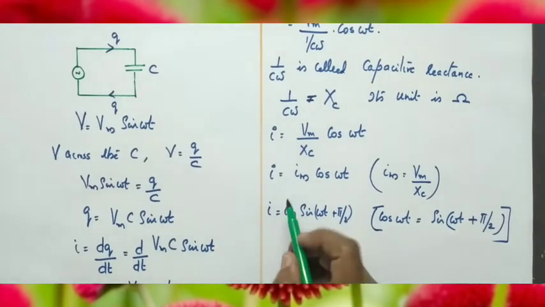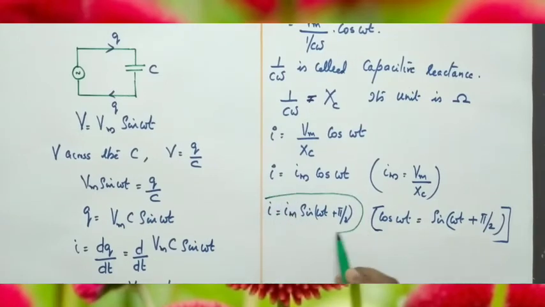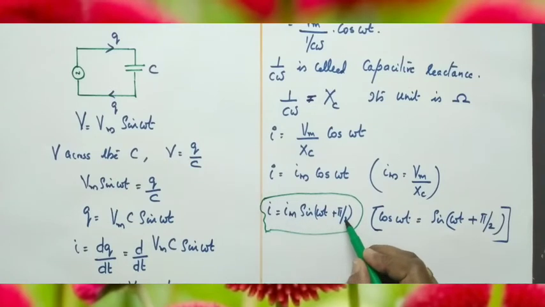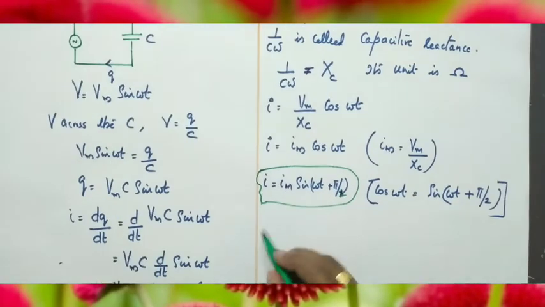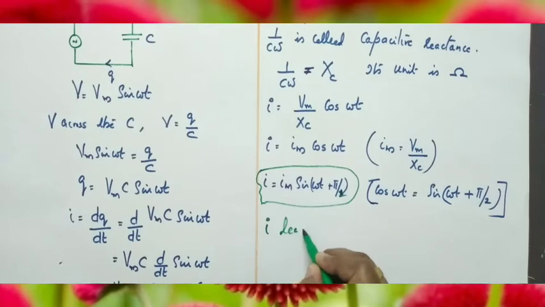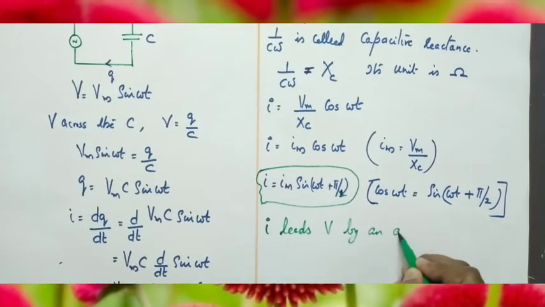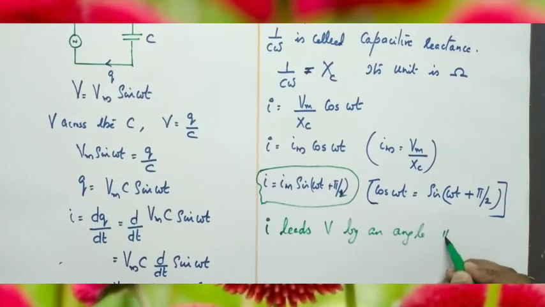So we can say current leads voltage by how much angle? By an angle pi by 2. I equal to Im sine omega t plus pi by 2, that is current leads voltage by an angle pi by 2.